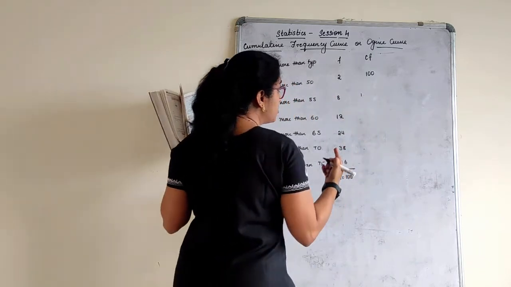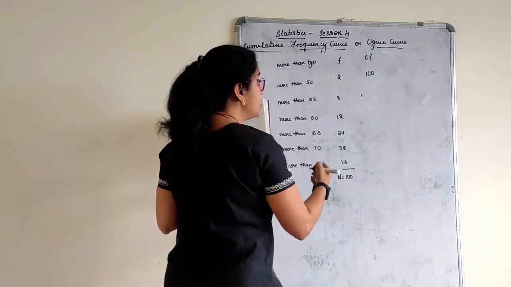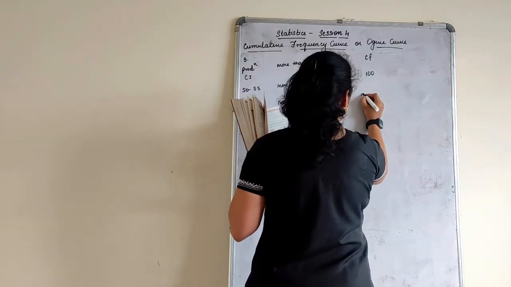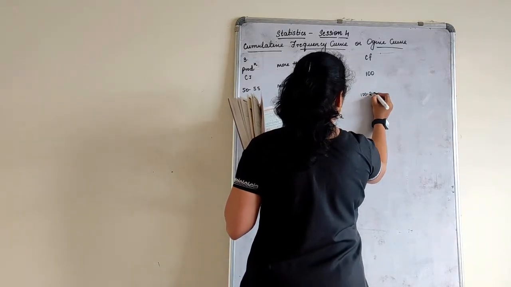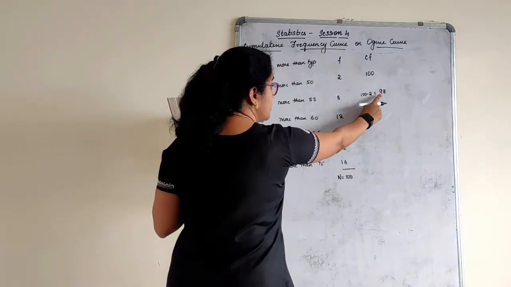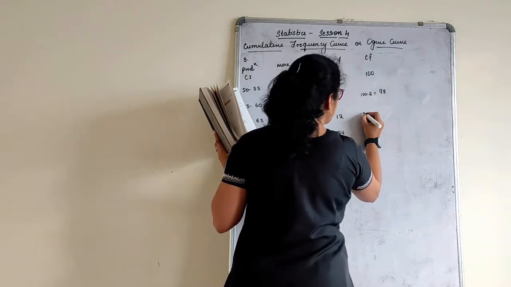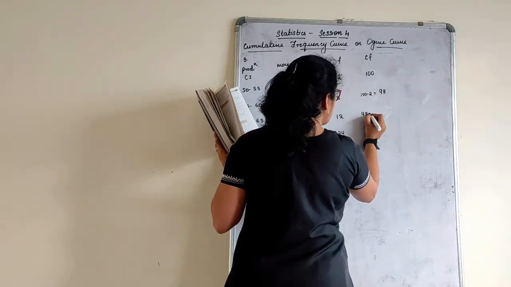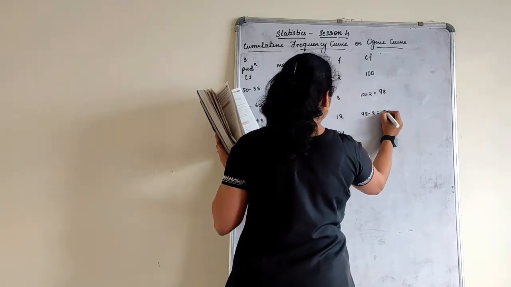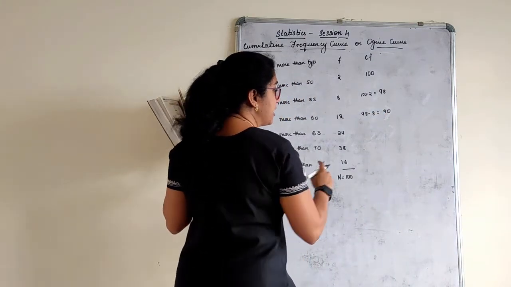You need not write this always, only for your clarification am I showing you the calculations here. Your next score will be here, 100 minus 2, that is 98. Okay. Your next calculation will be here, 98 minus 8, 90. Okay. So what should be your next calculation now?